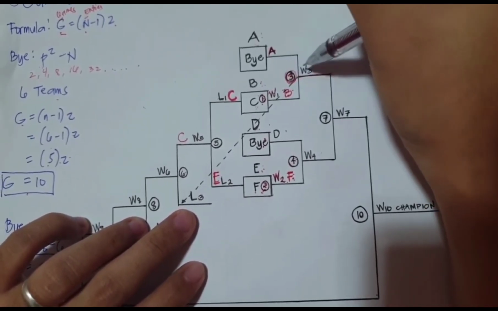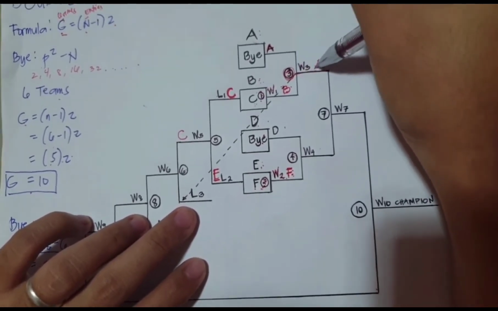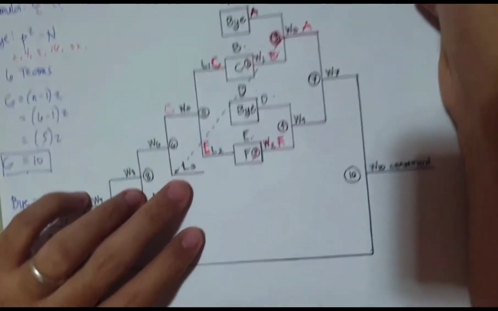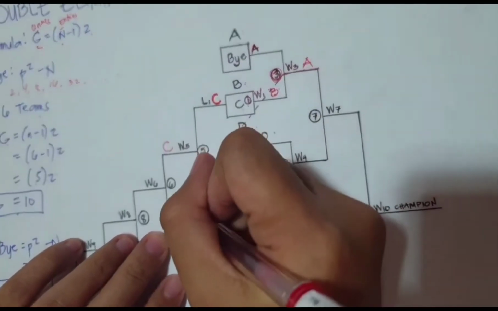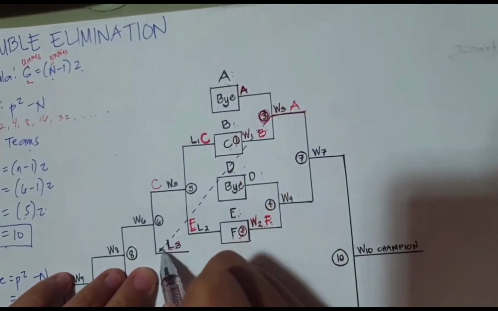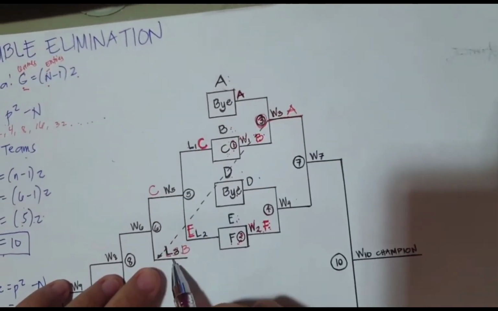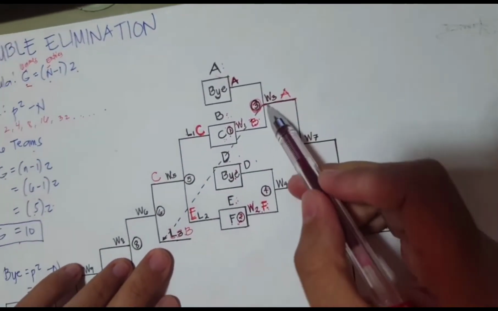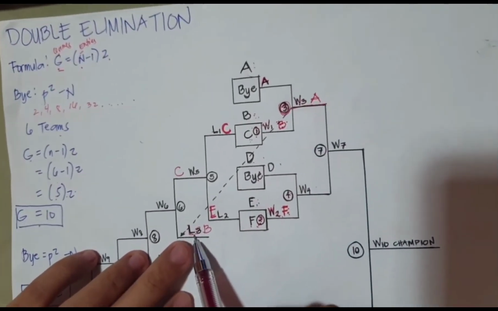For example, in game number 3, the winner 3 is letter A. So make sure that since A won, we write loser 3 as letter B. So the result of game number 3: winner 3 is A, and loser 3 is B.